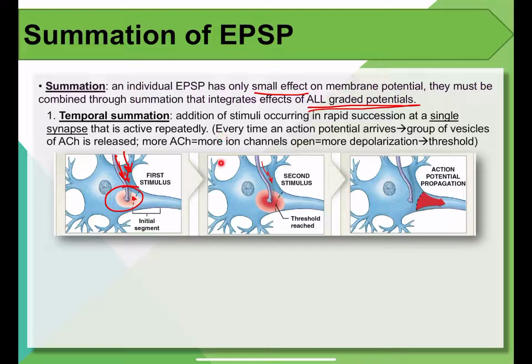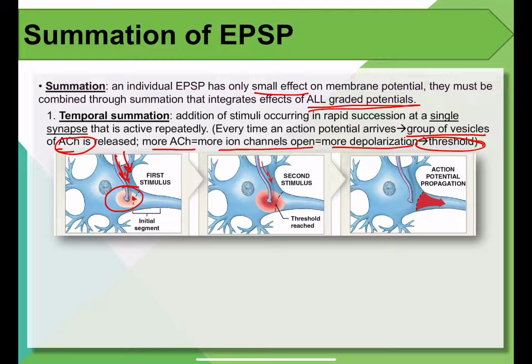First stimulus arrives, second stimulus arrives at that same location via that same axon terminal, and eventually it reaches threshold and activates an action potential down the length of the axon. Now, every time an action potential arrives, groups of vesicles of acetylcholine are released. And I talked about how if there's more acetylcholine, more sodium ion channels are open, more depolarization, which will lead to threshold. So that's what this whole temporal summation is about.